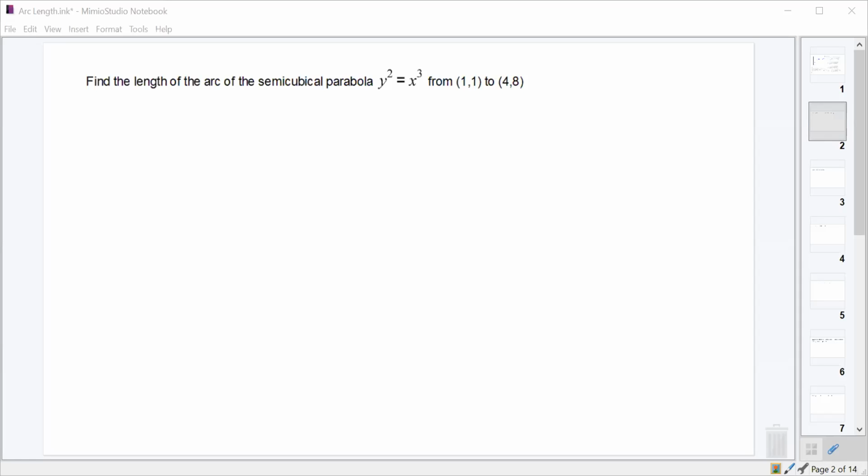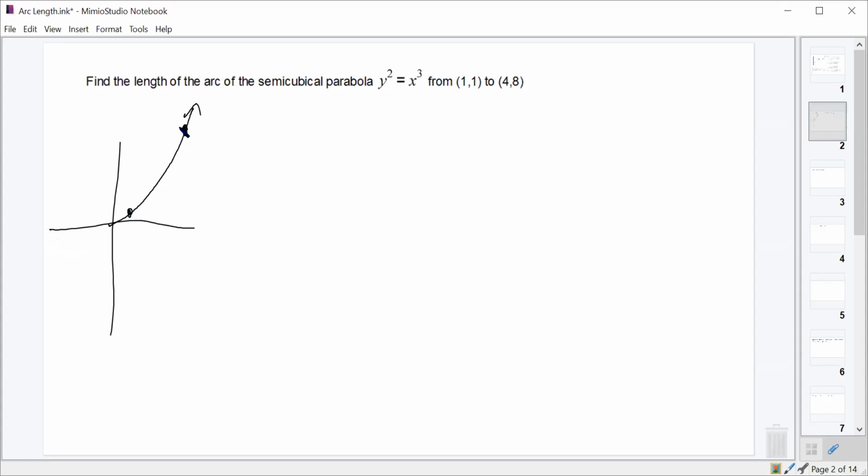And the upper portion of this just looks like that. So we got a point at 1, 1, and a point at 4, 8. And we want to know how much actual length there is of that arc.